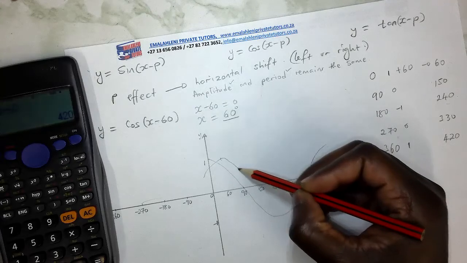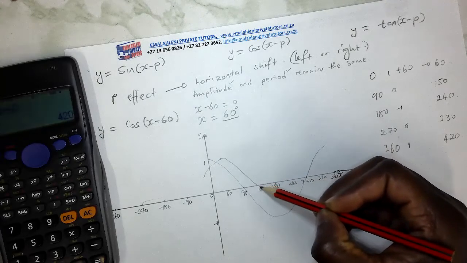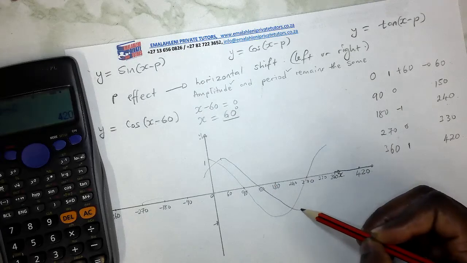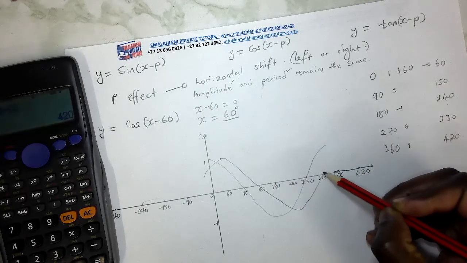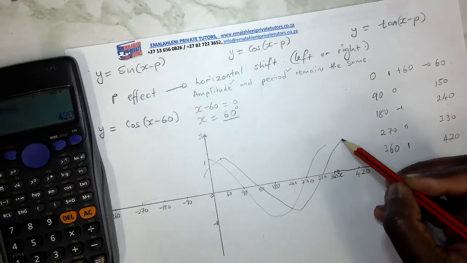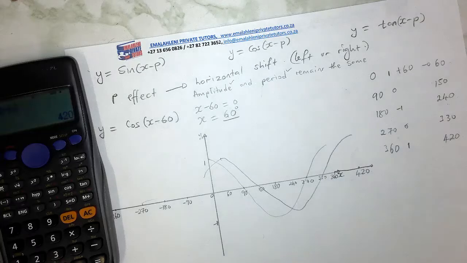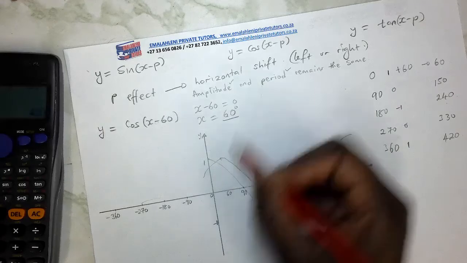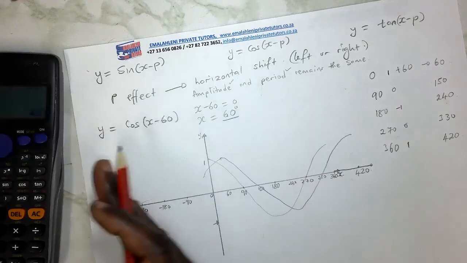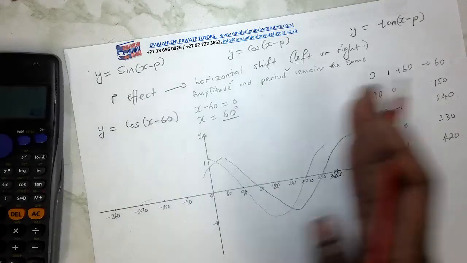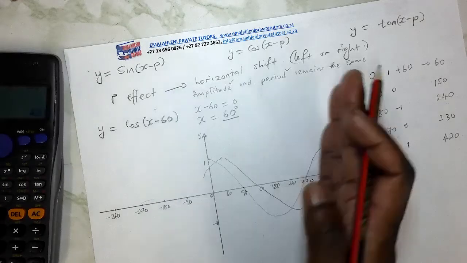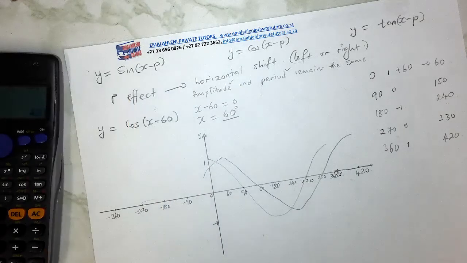We are coming down to 150, -1 at 240. We come to 0 at 330, then 1 at 420. So you just have to know that I'm shifting my graph 60 degrees to the right when there's a negative. If there was a positive here, we're supposed to shift 60 degrees to the left. That's what we mean by that.